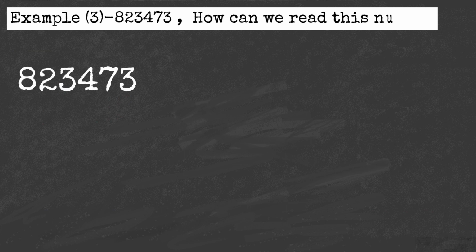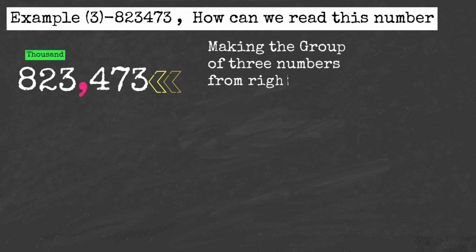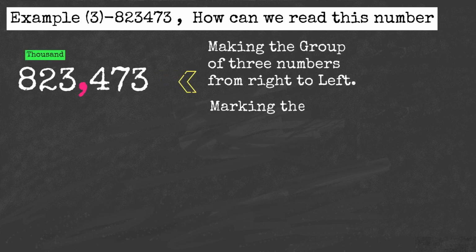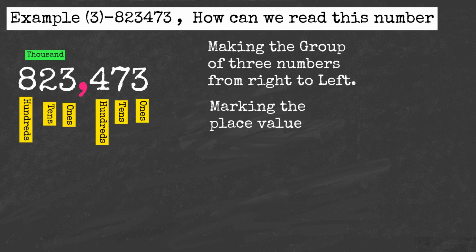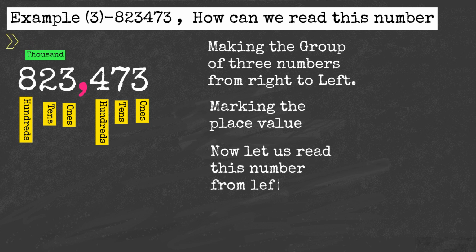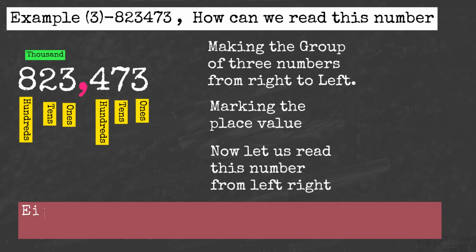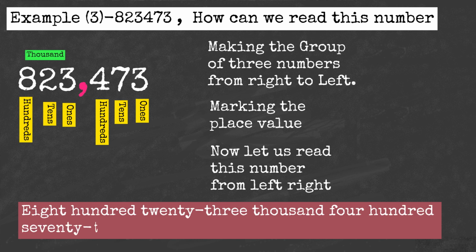Example 3. How can we read this number? Making the group of 3 numbers from right to left. Marking the place value. Now let us read this number from left to right. 823,473.